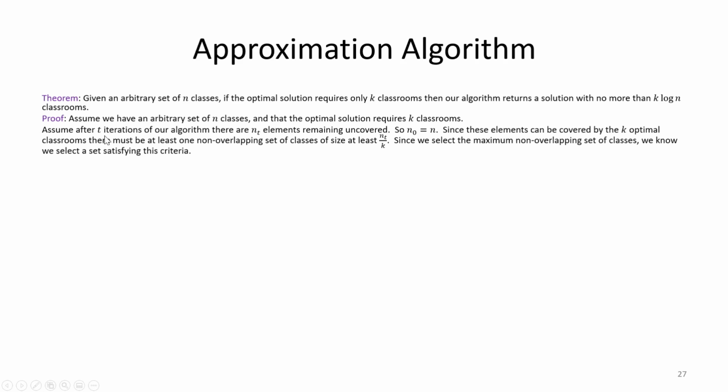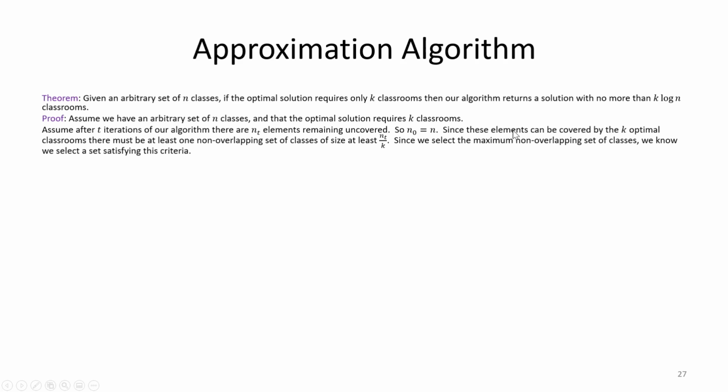So let's say we do t iterations, and n_t is how many classes we have left after t iterations. So n_0, after 0 iterations, we have n, all of the classes. We're going to use this to figure out what t is, how many times we have to do this before we get down to 0, basically.